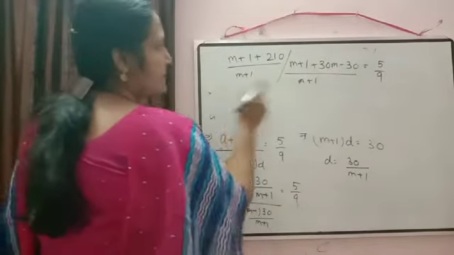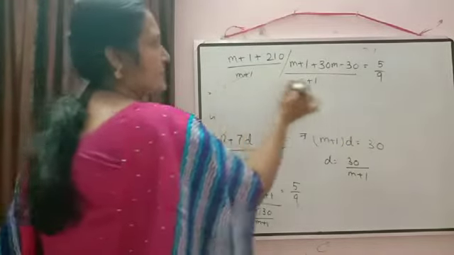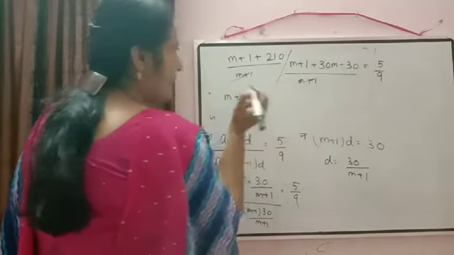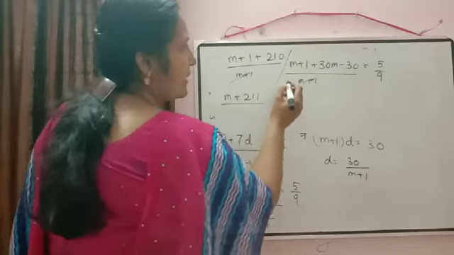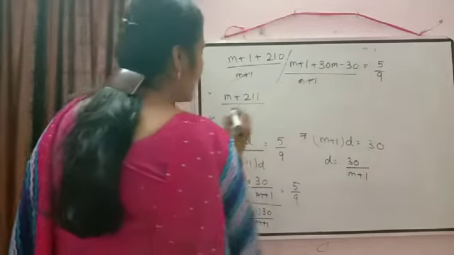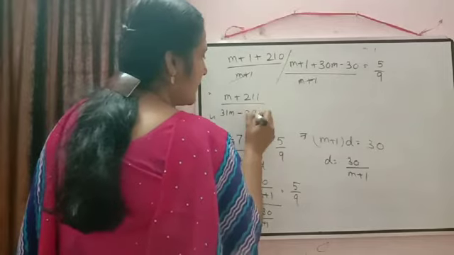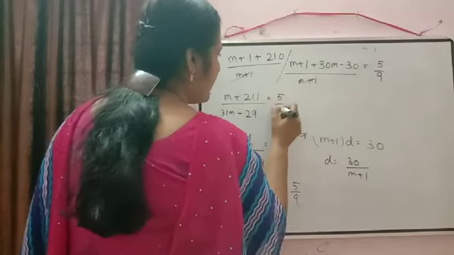Now here (m plus 1) and (m plus 1) will get cancelled there. So remaining will get there m plus 211 by, here 30m plus m will be 31m minus 29 is equal to 5 by 9.